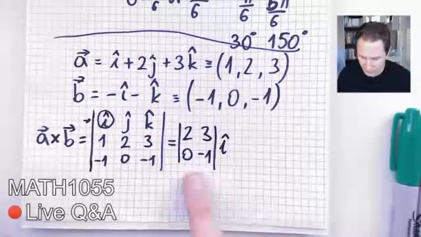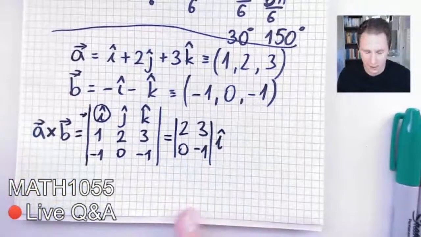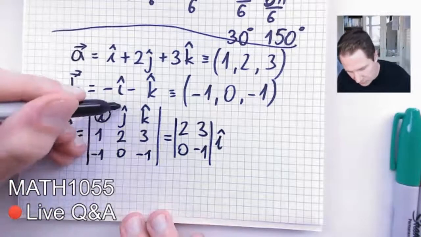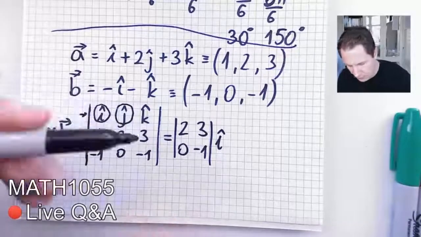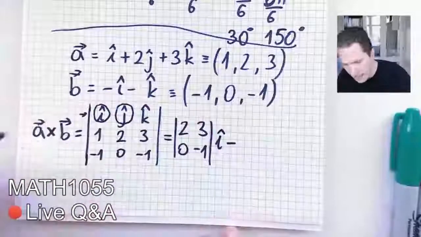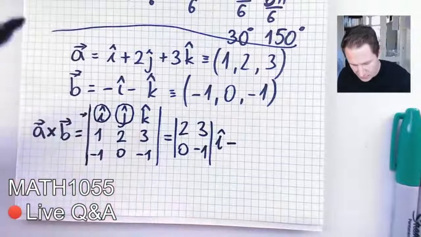Okay, so that's the first. That 2x2 determinant is going to give you the first coordinate of the vector product. Now onto the second element of the first row. That's j hat, and for that one we have to include a minus sign, so it will alternate: plus, minus, and plus.